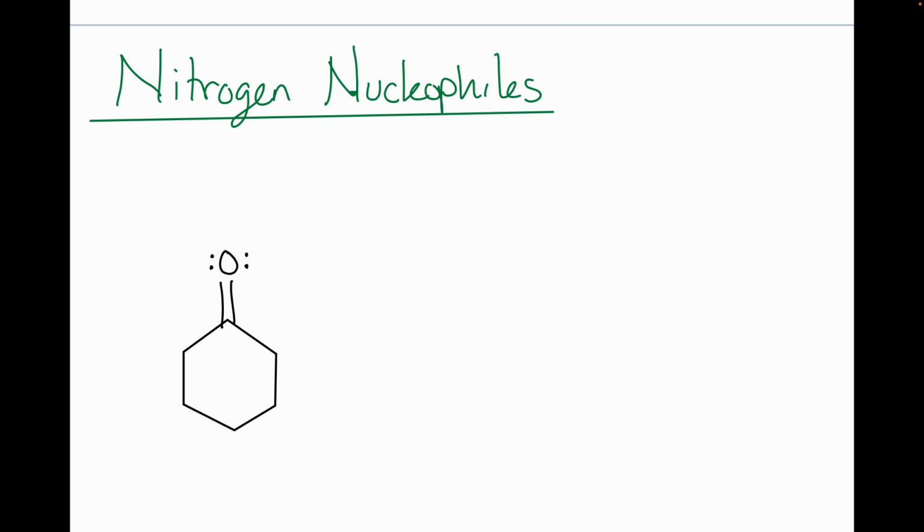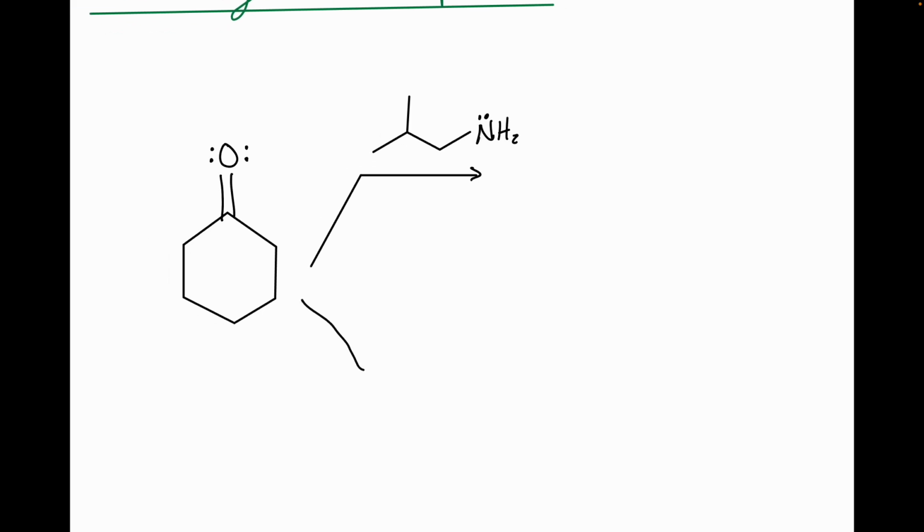All right, let's just summarize this here with an example. Everybody give me the product if we treated cyclohexanone with this primary amine versus if we treated it with our secondary amine.